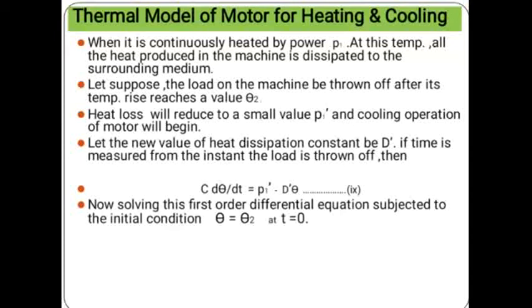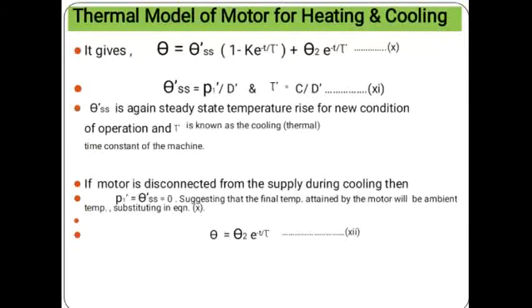Now solving this first order differential equation subject to the initial condition that θ equals θ2 at t equals 0, this equation gives θ equals θ dash ss into (1 minus e to the power minus t divided by tau) plus θ2 e to the power minus t divided by tau dash.